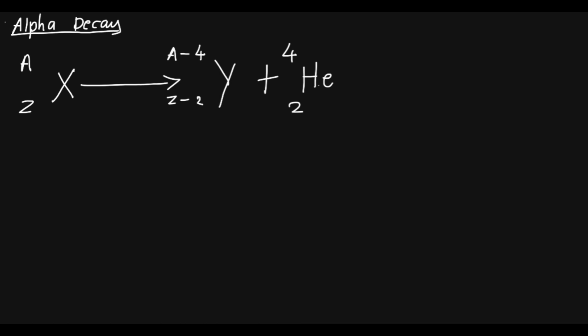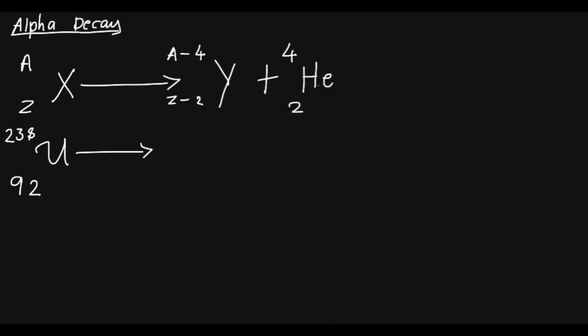So let's look at an example for this. Let's say we have uranium with the mass number of 238, then the atomic number of 92. And the question is, we need to find the daughter atom that will be produced if this element emits an alpha particle or decays by alpha particle.